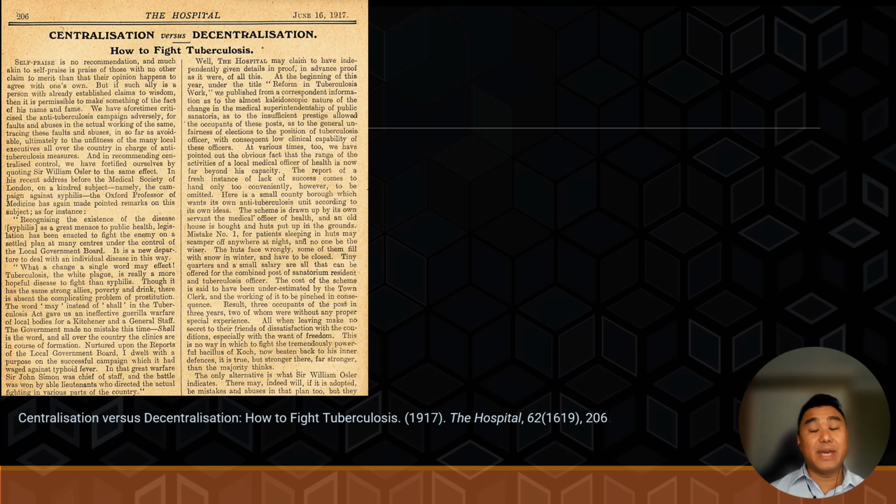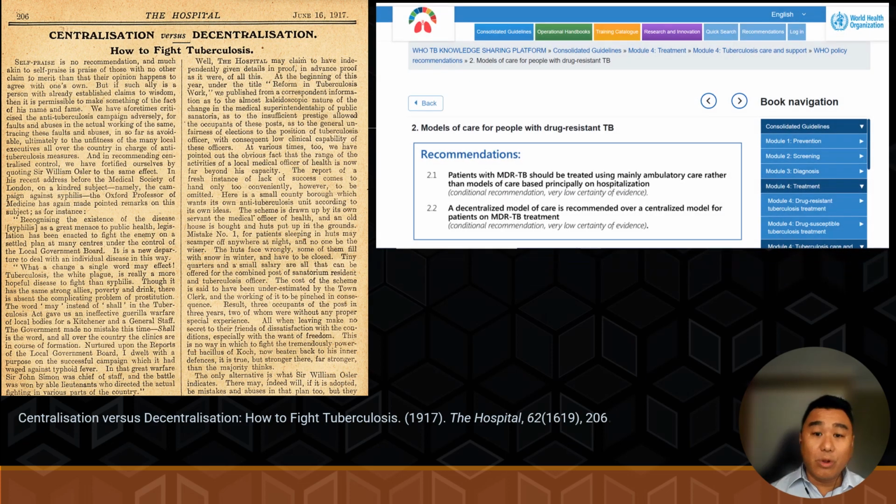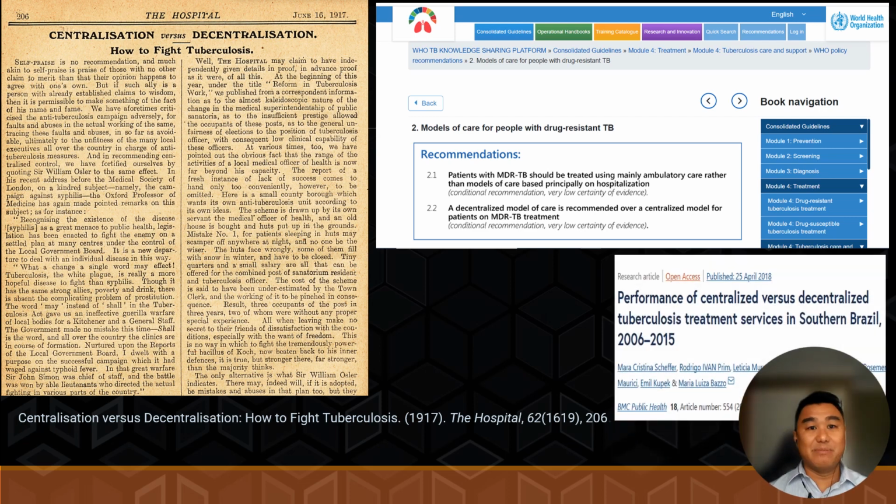Then I moved to the UK in 2009. I also learned about this model of care while caring for refugees and asylum seekers. And you can see here, the World Health Organization recommended the decentralization model of care for multi-drug resistant TB patients. Again, this model of care is being used by many countries, like the Philippines, Brazil, Indonesia, just to name a few.